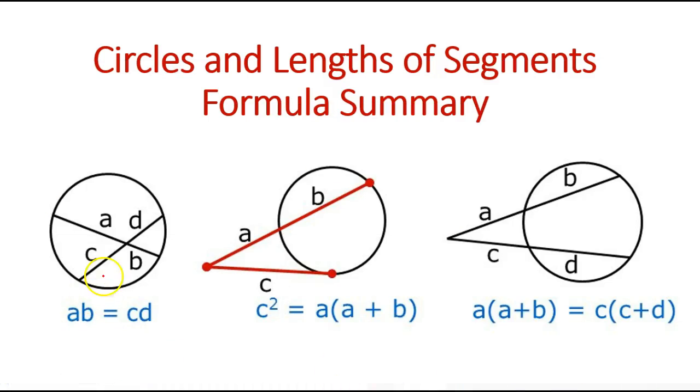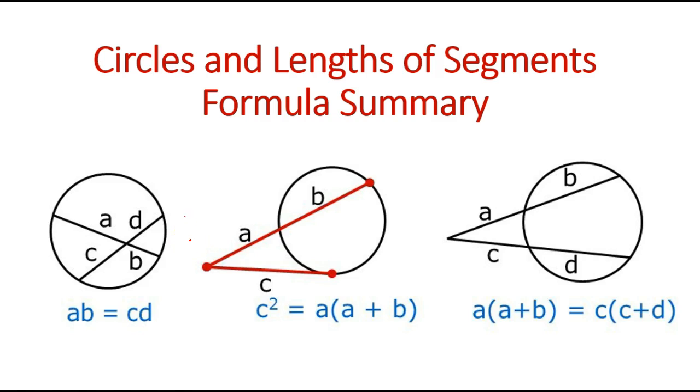For chords intersecting inside, the two segments of each chord: you multiply them and they equal the product of the other chord's segments. When it is a secant, you need to remember to take the whole secant.